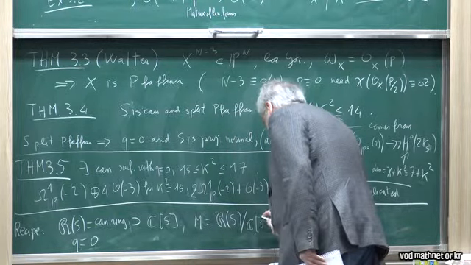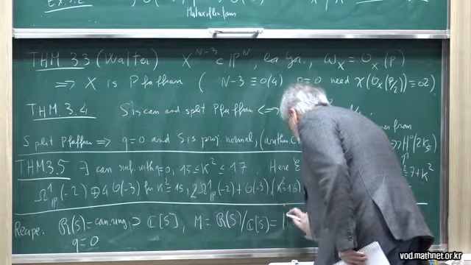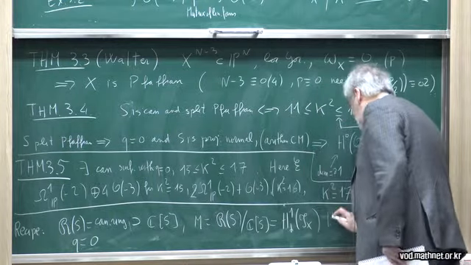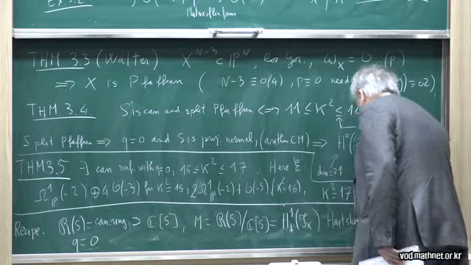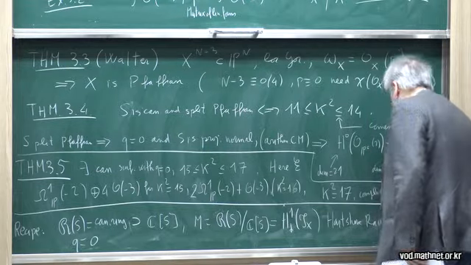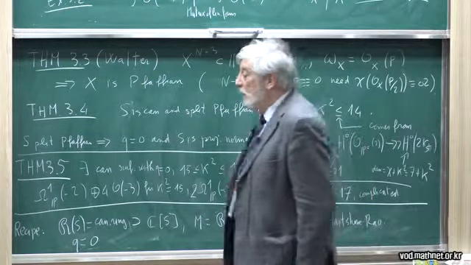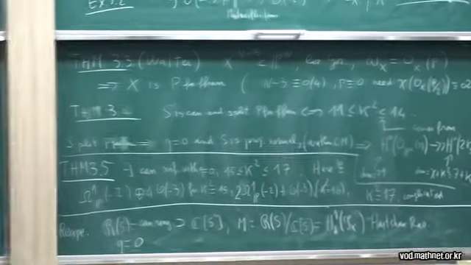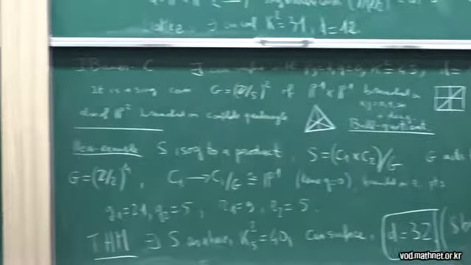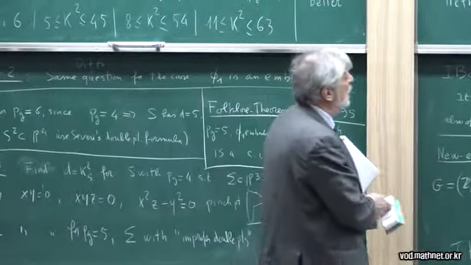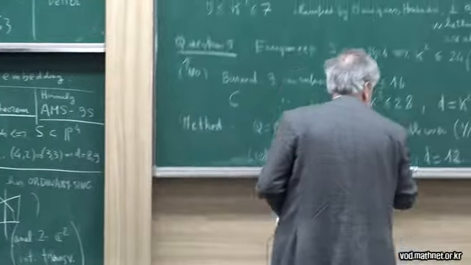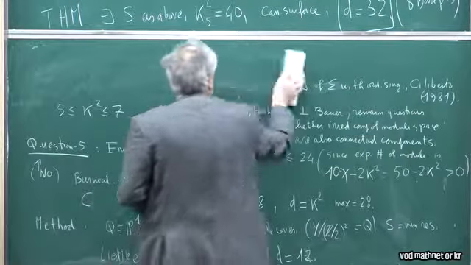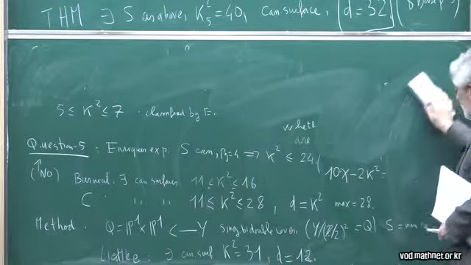This is the so-called Hartshorne-Rao module, H1 star of the ideal sheaf of S. Now, this module is an Artinian module because it's a finite dimensional vector space.